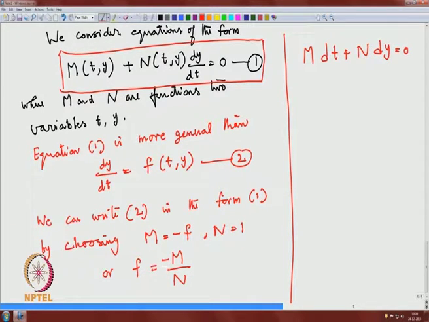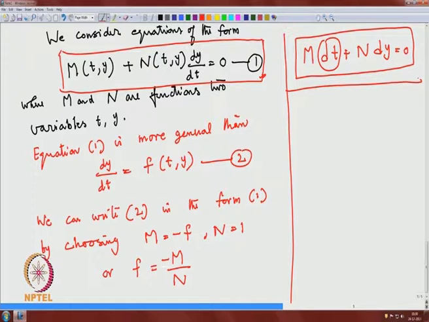But I want to retain this form so that we do not have any ambiguity of dt dy. Let me give you one simple example here and then we will go to the theory.